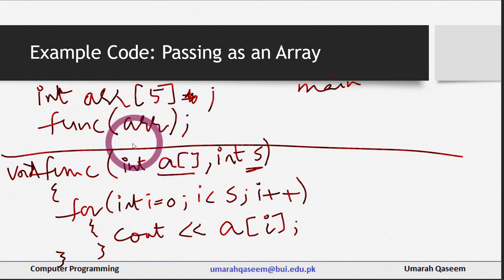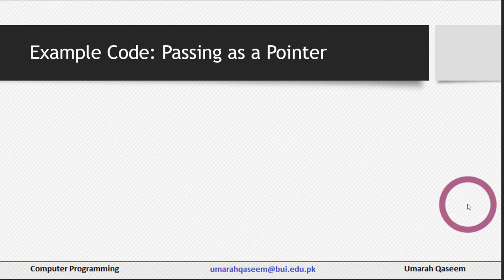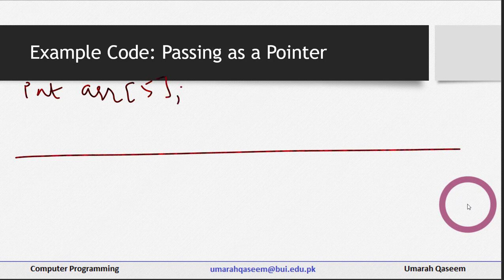If you want to pass an array to a function as a pointer, what are the changes in the same program? Let's see that. So let's take the same array, int arr, 5 is the size, and I'm not initializing it right now. And this is the main program. Let's write the function. The data type is void, and the name of the function is the same, func.